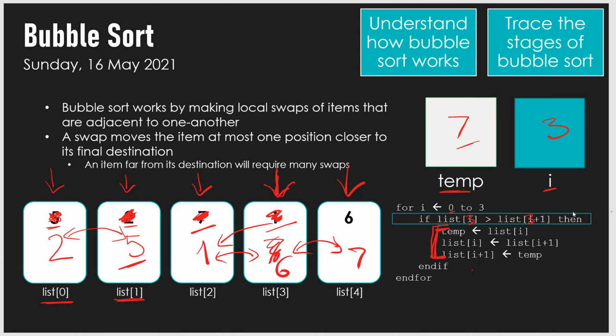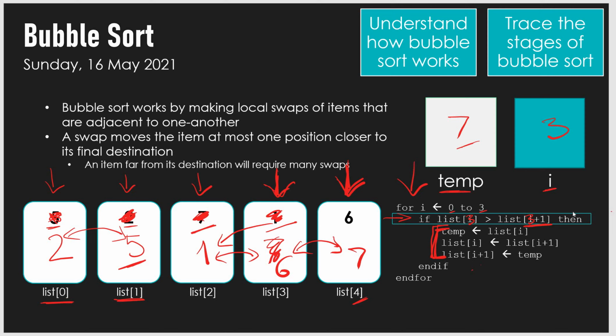Now you might be asking yourself the question, well, the first question you might be asking yourself, if you are a critical thinker, like I wish you are, why is the algorithm only going up to 3 when we have the last index in the array being 4? The reason for that is if the for loop goes to the last index here, then what will end up happening on this line on the if statement is it will check list index 4 with an index which doesn't exist when it says i plus 1 here.